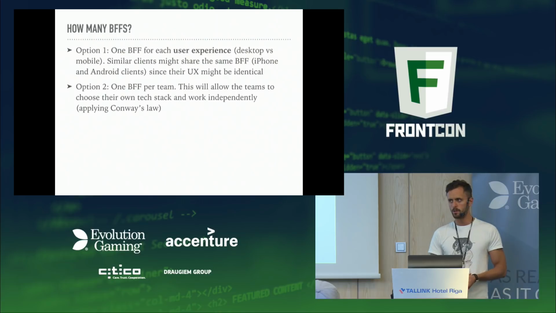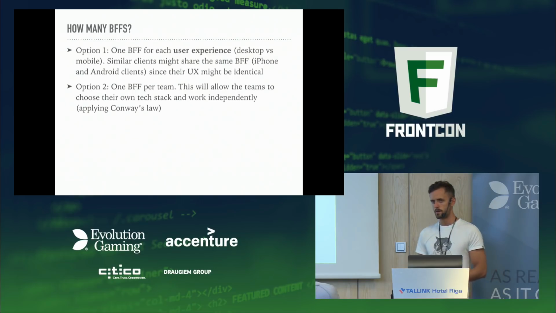On the other hand, if these mobile clients are maintained by different teams, we're talking about a team which does native Android development and a team which does native iPhone development, we are again introducing these dependencies. And now if we look at it from the organizational point of view, you might want to consider having 3 BFFs instead, so that each team would maintain their own BFF.